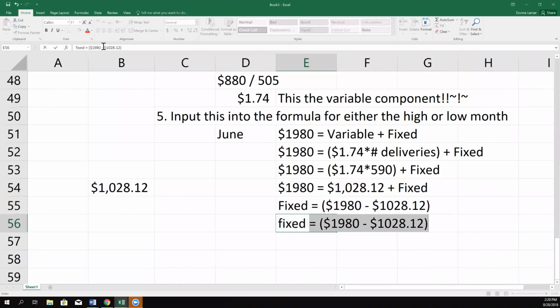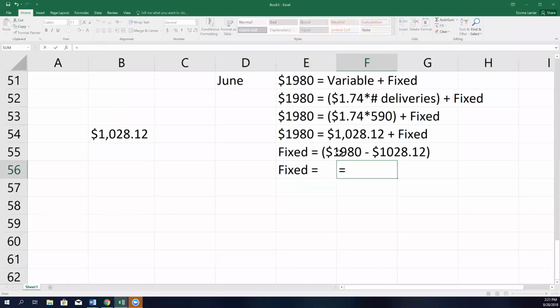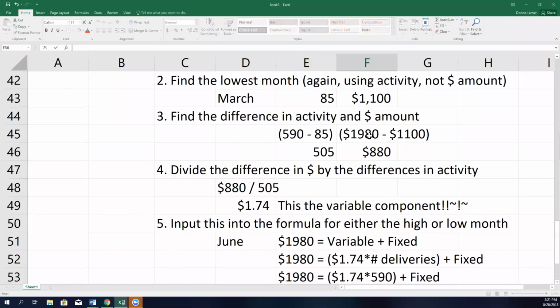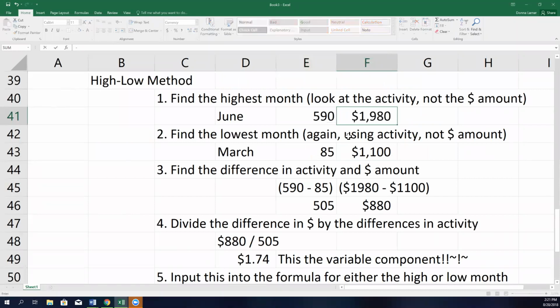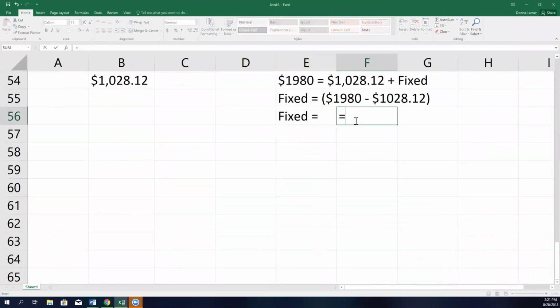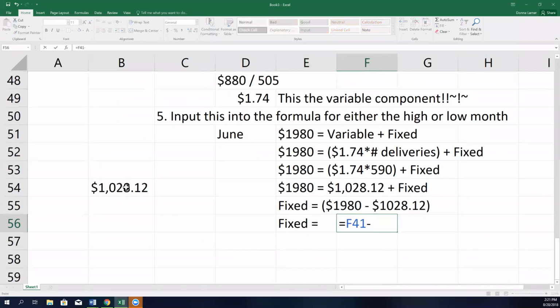So the fixed is equal to... I know, I'm taking a long time, but I really want you to see where all this stuff is coming from. 1980 minus this.